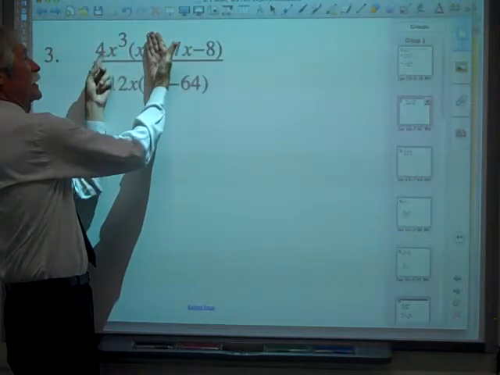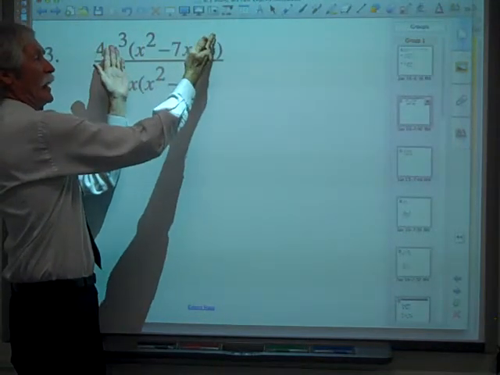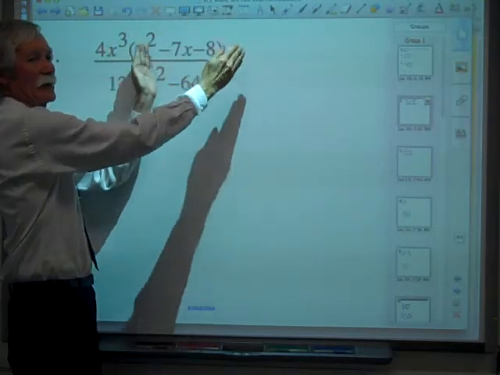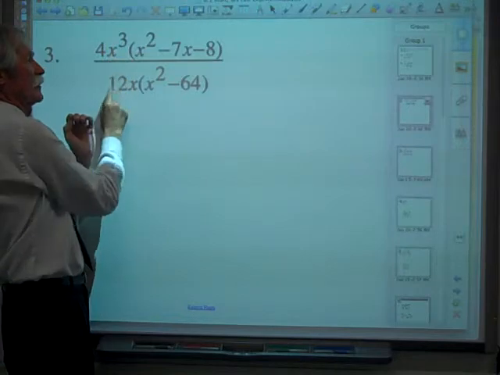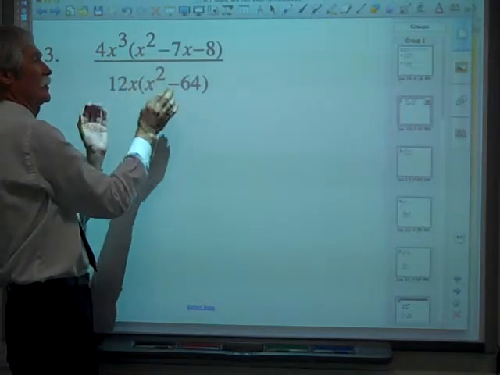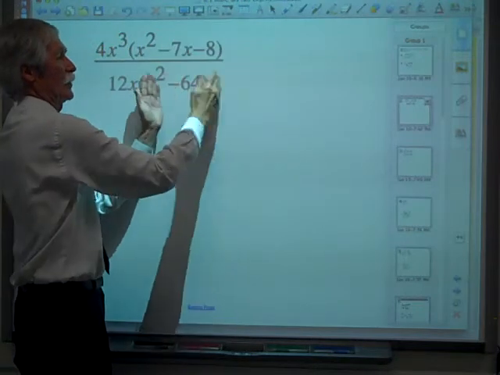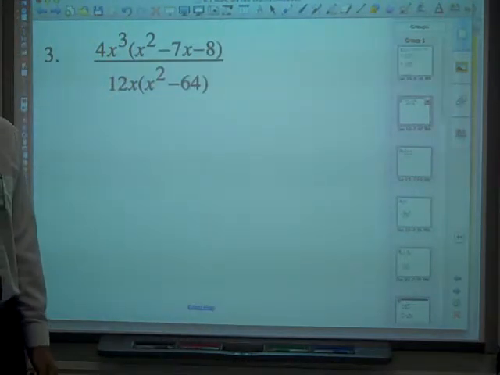Yeah, so you can cancel the 4 and the 12 and the x with the x squared, and then factor that and get the brackets all out and cancel brackets. So you can cancel these little bits, because that's times, times, times, and times, times, times. So those can cancel. And then these brackets, once you factor them, so try that.